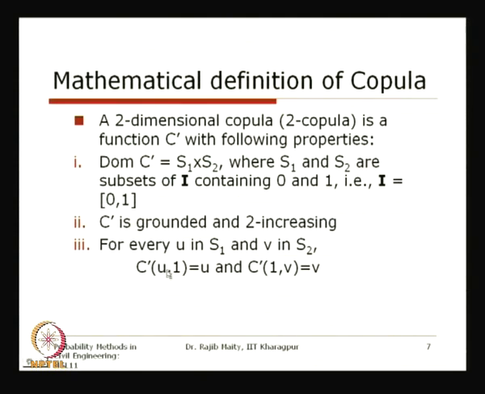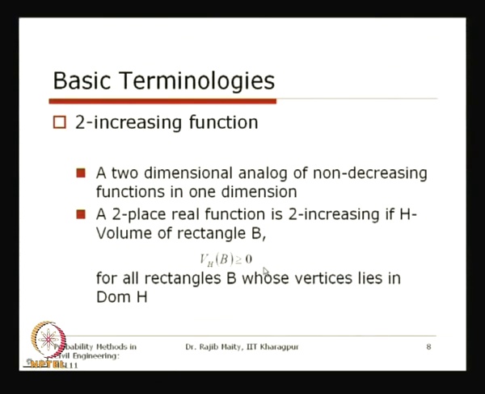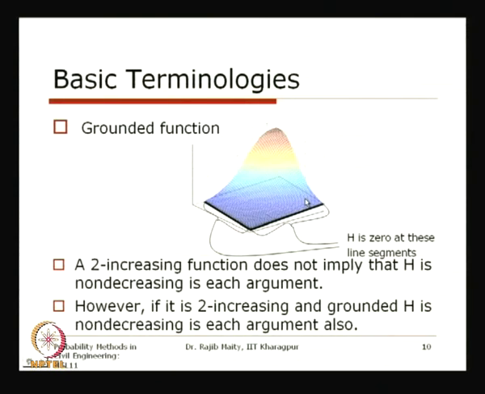That is, C'(0,v) is equal to 0 and C'(u,0) is equal to 0, irrespective of the value of the other one. So, this is what is meant by a grounded function, which is represented through this diagram here. Over this line segment, the value of this function should be equal to 0.